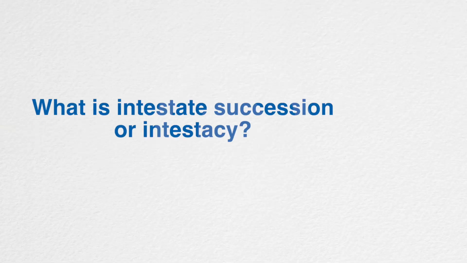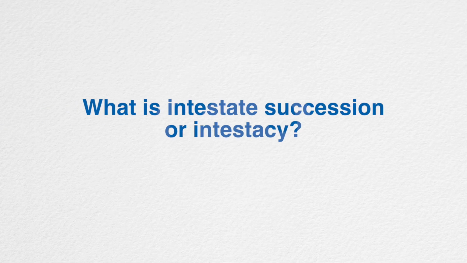So first, what is intestate succession or intestacy? Intestate succession simply refers to a state's probate code or inheritance law that dictates how a decedent's assets are going to be distributed or how they're going to be inherited upon their death if they did not have a last will and testament or a trust or other testamentary document. Each state has its own specific intestacy laws.